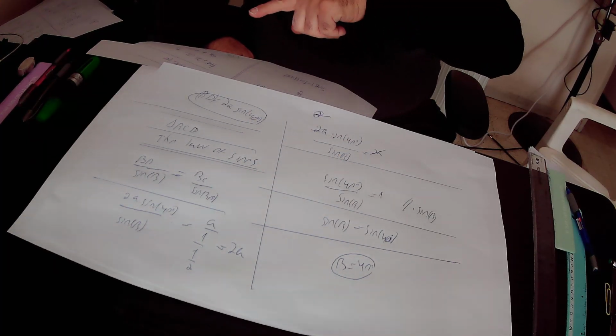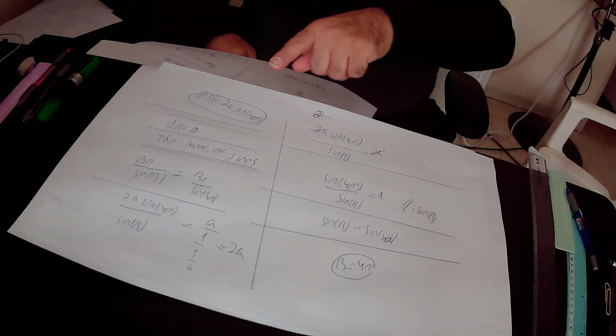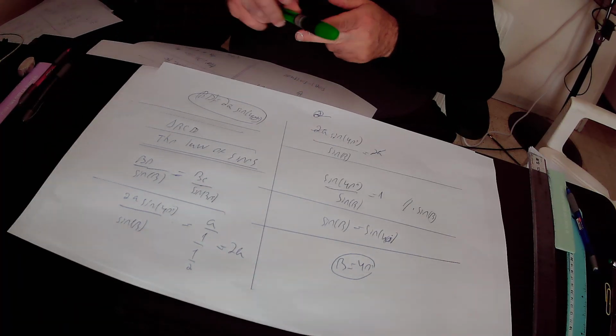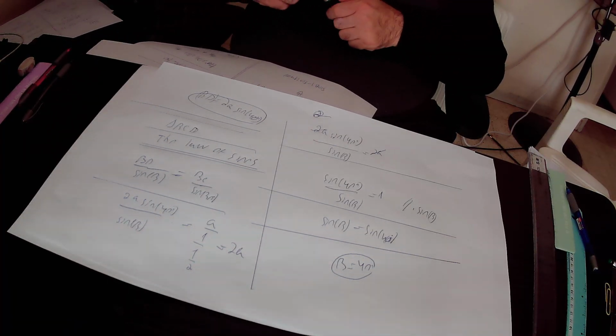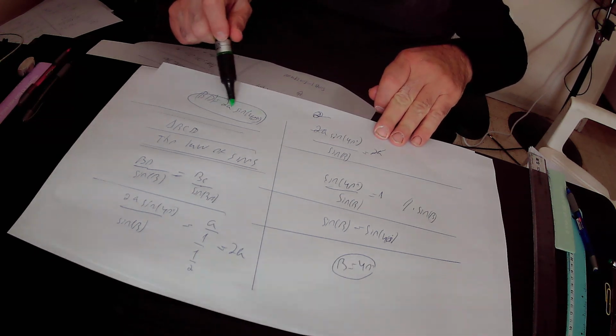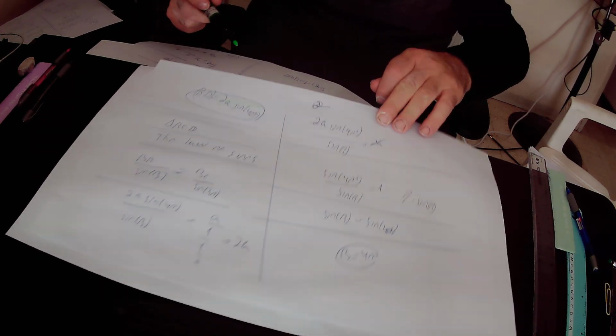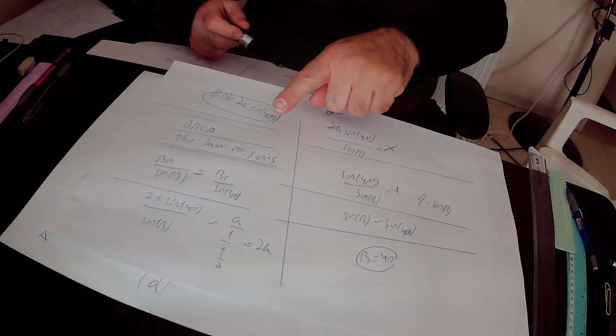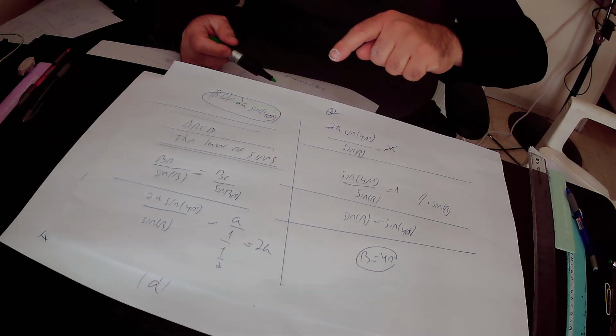We already found out that BD equals 2 times A times sine 40 degrees. So we substitute BD: 2 times A times sine 40 degrees over sine beta equals BC over sine 30 degrees.